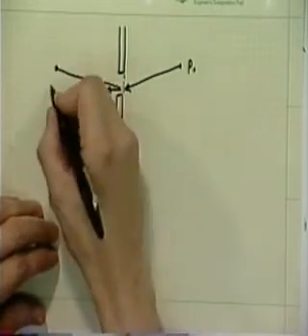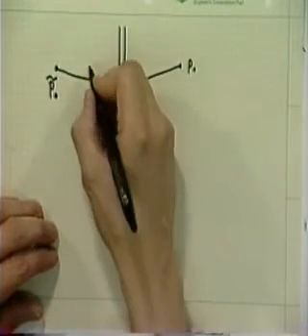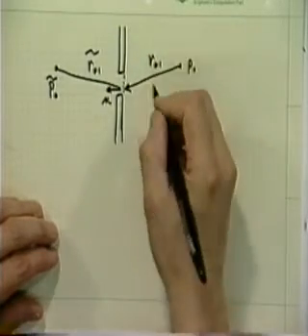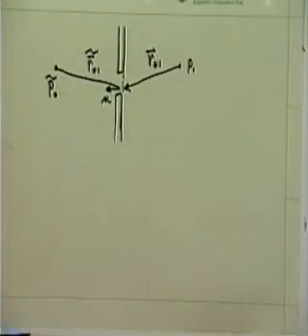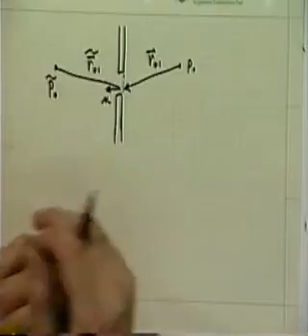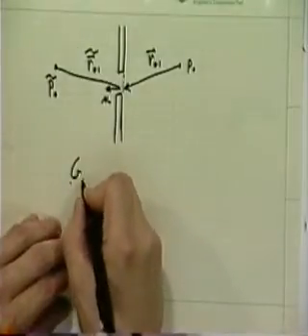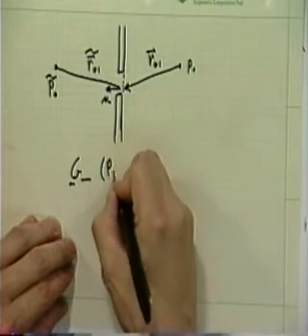So we'll pick this other point over here, and I call that P naught with a little tilde over it. And this is R naught 1 with a tilde over it, and this is R naught 1 here. And maybe I should have a little vector there. Okay, so our Green's function here, it's actually two of them we can pick, but I call this G minus at point P1.